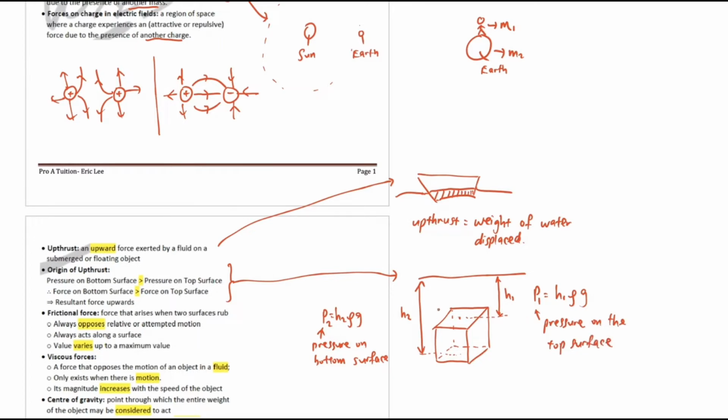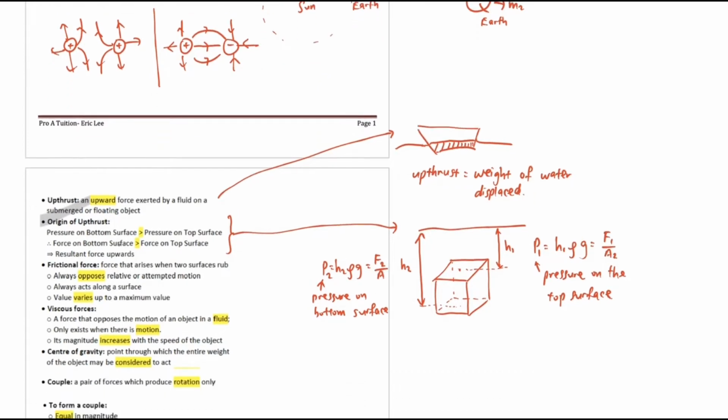Okay, then after that, we also need to know that pressure is force over area. Likewise, this is pressure, which is equal to force over area. Now based on the inequalities here, pressure on bottom surface is greater than pressure on top surface.